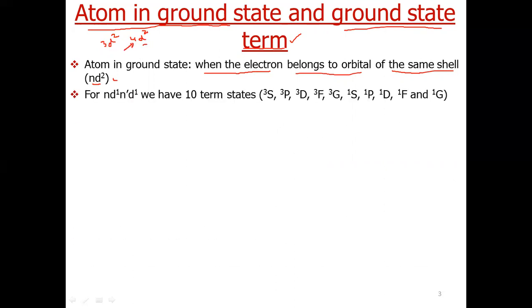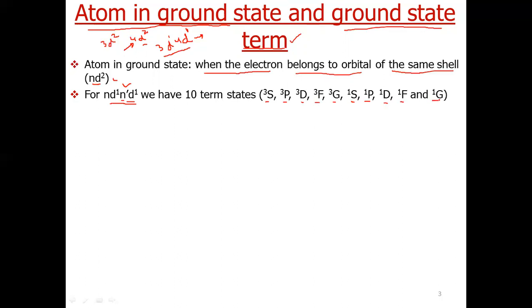Whereas on the other hand, if we have one electron in a d orbital of one shell and another electron in a d orbital of a different shell, like 3d1 4d1, this is a different case. Now we say the atom is not in its ground state, we can say it is in an excited state. For this system, when the atom is in excited state, there are 10 terms possible for a d2 configuration.